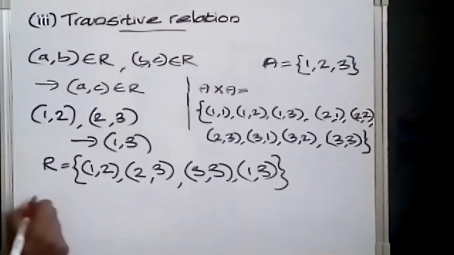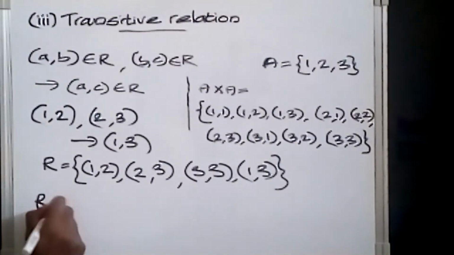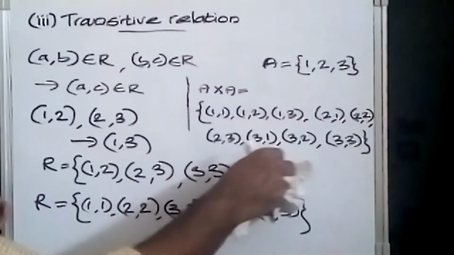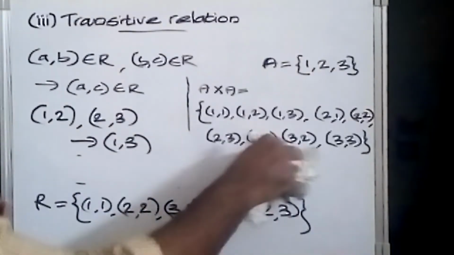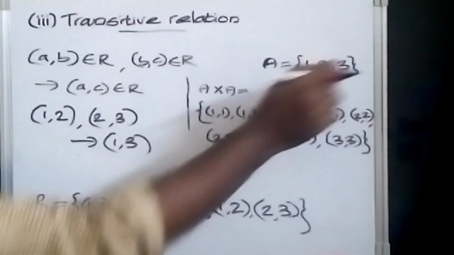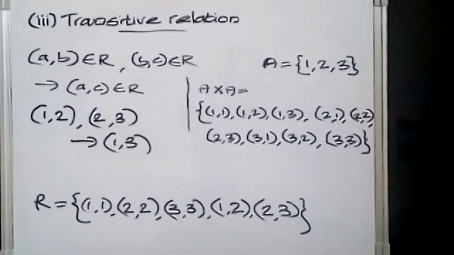Consider another relation R. Is this relation reflexive? It is clearly reflexive. On the set A equal to {1, 2, 3}, the relation is a reflexive relation because the relation contains the ordered pairs (1, 1), (2, 2) and (3, 3).